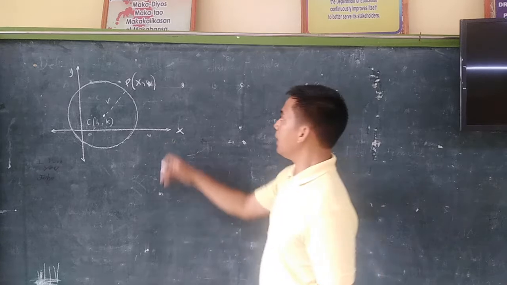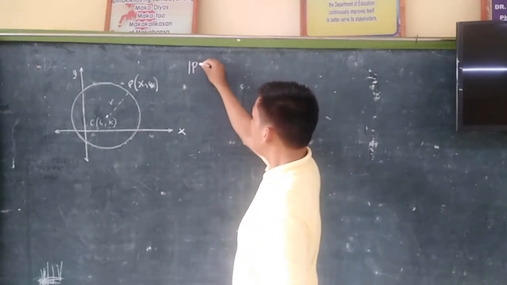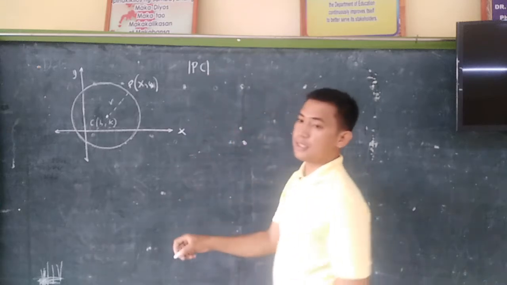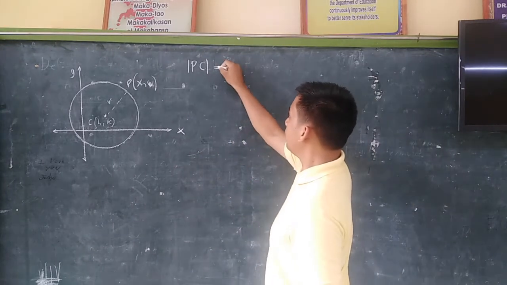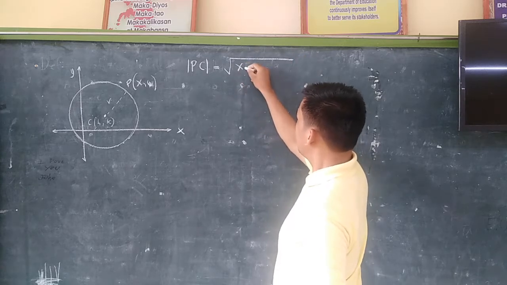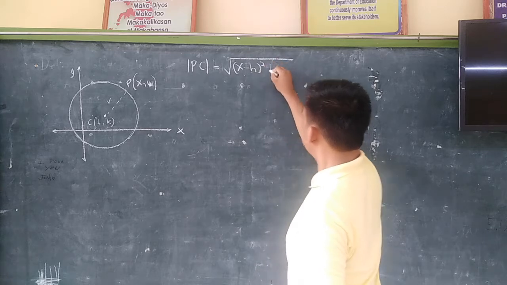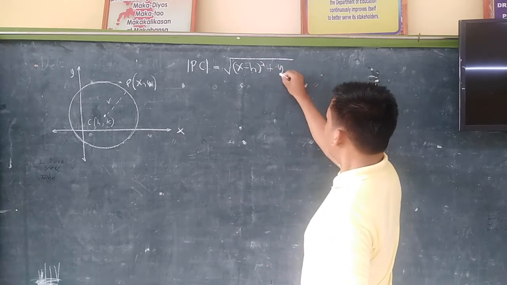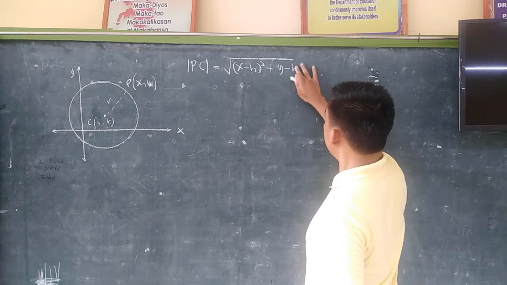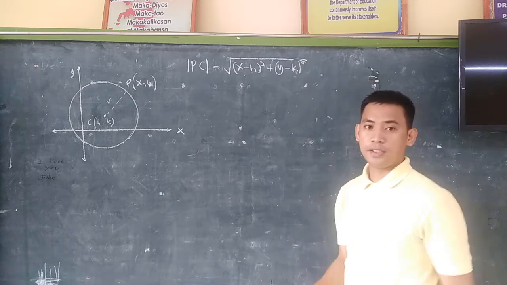The distance formula is just equivalent to the absolute value of PC. That is equal to the square root of x minus h squared plus y minus k squared. Okay?